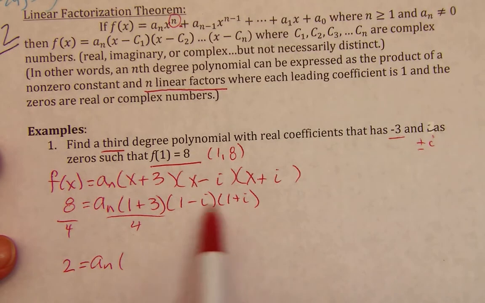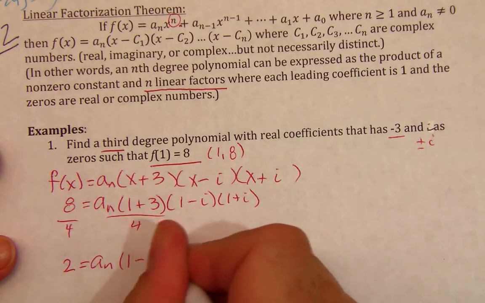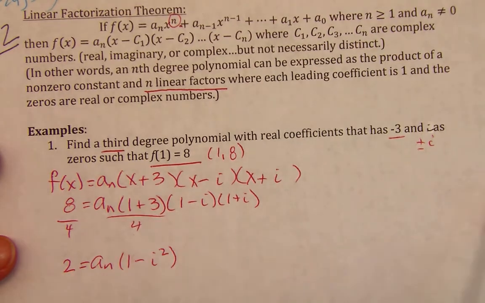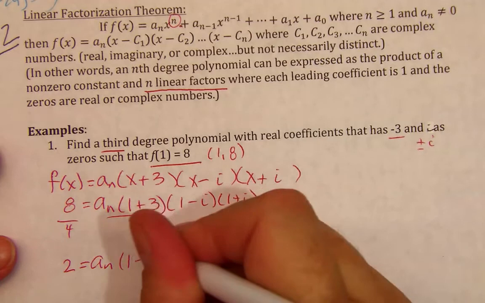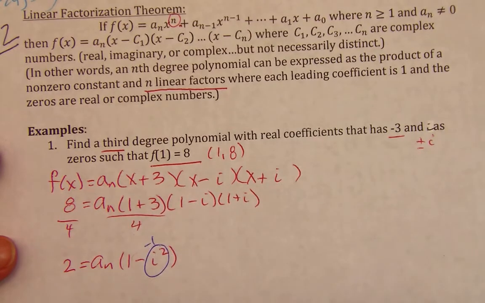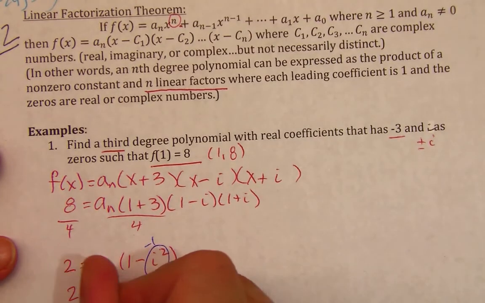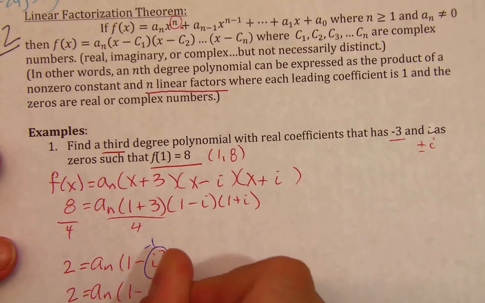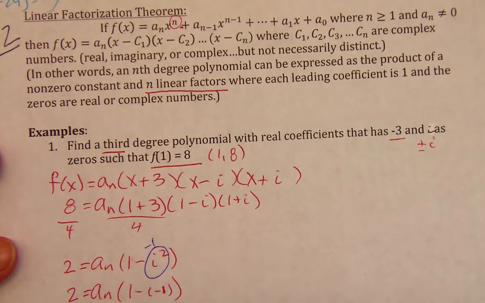And I'm going to go ahead and FOIL this out right here. And when I do, I get 1 minus i squared. Now, i squared we know is -1. So I have 2 is equal to a sub n and 1 minus -1. Well, that's really a 2.